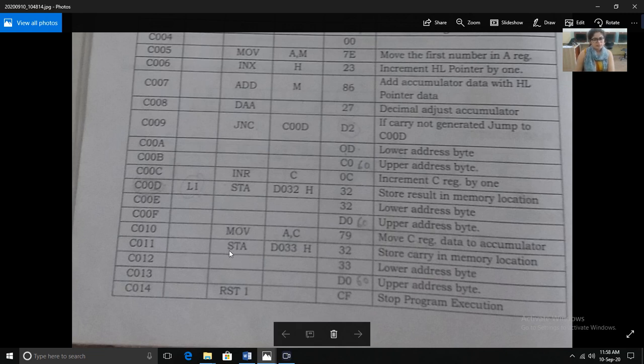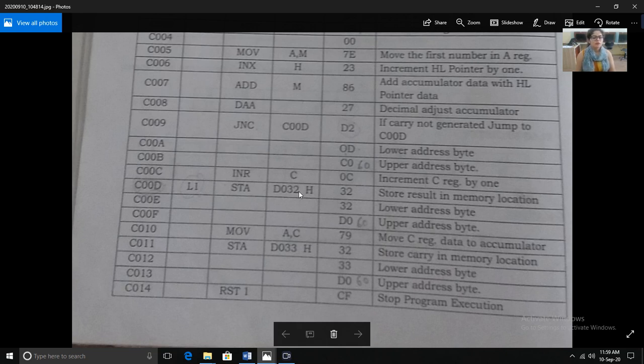So this is the STA instruction. Here you have to write where you want to store the result, so let's suppose 6033. This is the hex code of the STA instruction. 32 is the hex code. You can check here that the hex code of STA was 32. These hex codes remain the same, they will not change. The hex codes of instructions will not change.